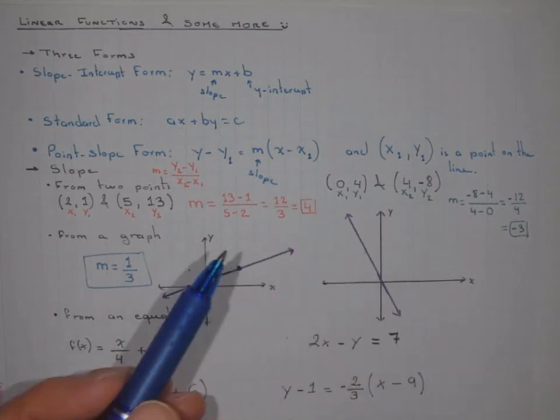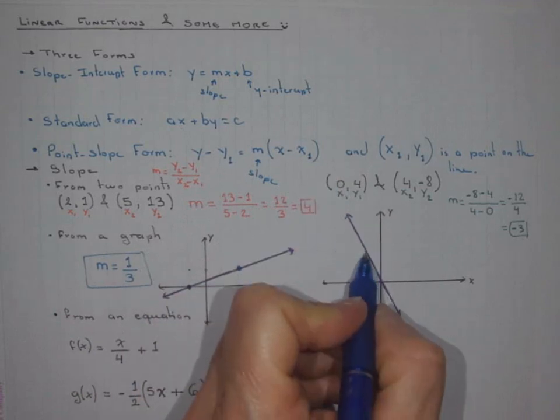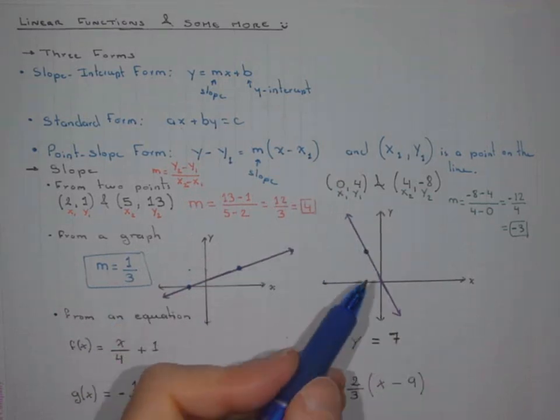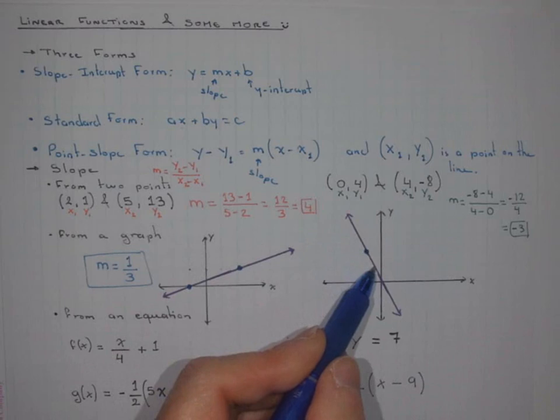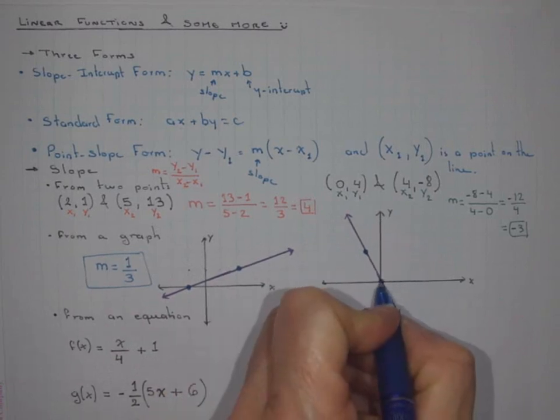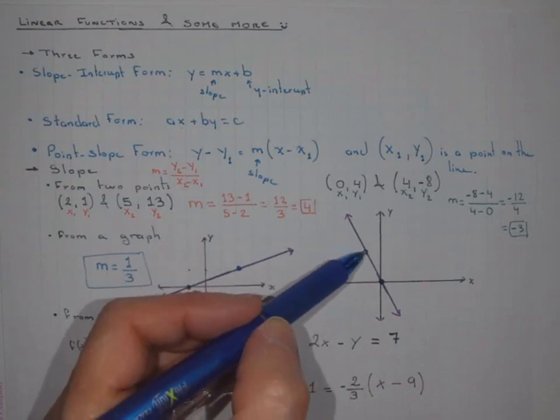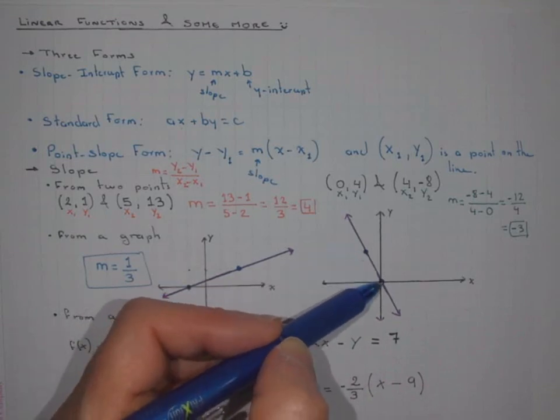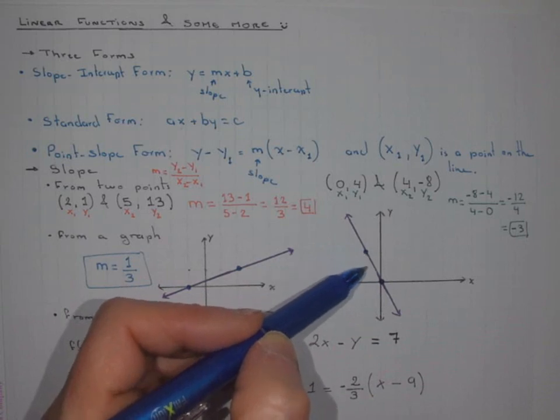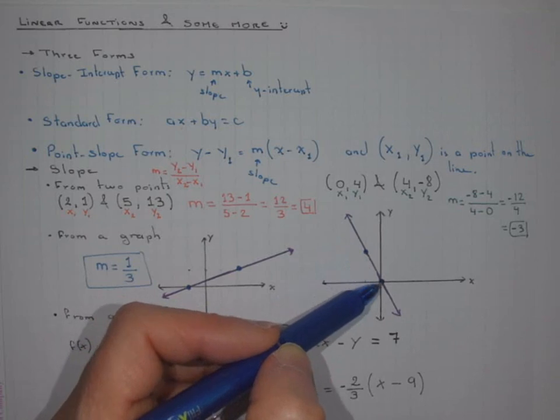For this line, you're going to do the same scenario. We're going to look at the corner point first, and it looks like I have one right here. And then I follow my line toward the right until I hit a corner point again, and that will be one there. And now I'm counting. From the point most to the left to the point most to the right, I'm going to have to go down 2 first over 1, down 2 over 1.